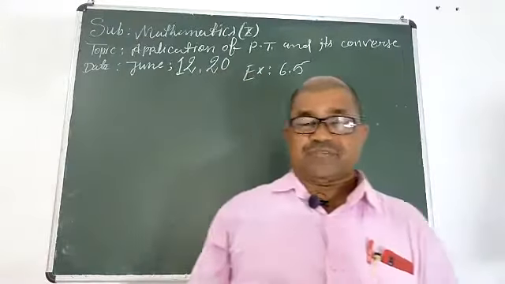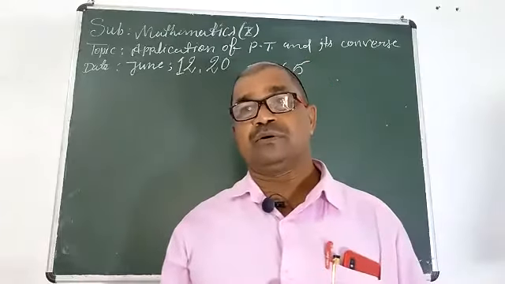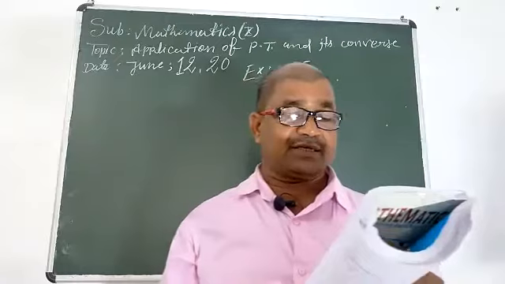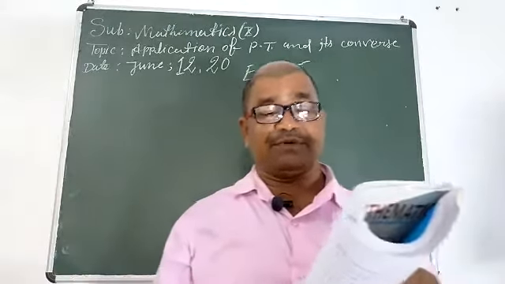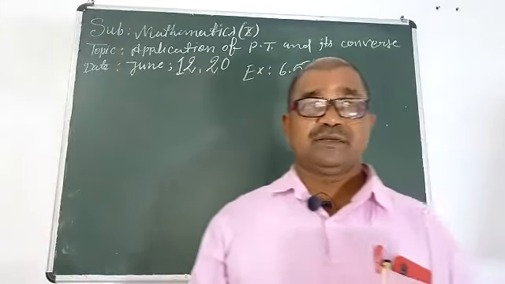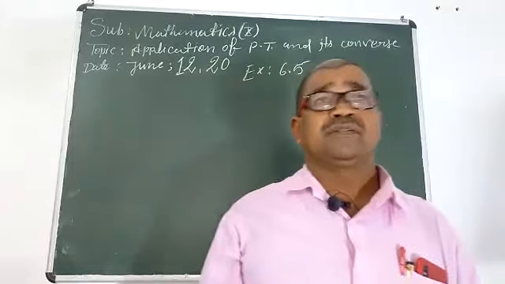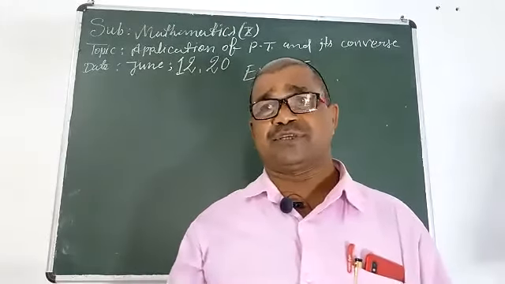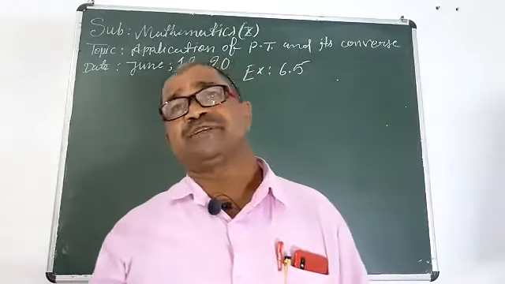First question in this exercise: sides of triangles are given below. Determine which of them are right triangles. In case of a right triangle, write the length of its hypotenuse. What is its meaning? The question is trying to test whether students are able to understand Pythagoras or converse of Pythagoras.